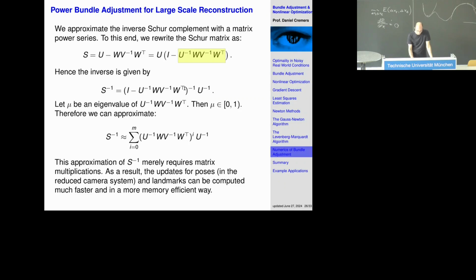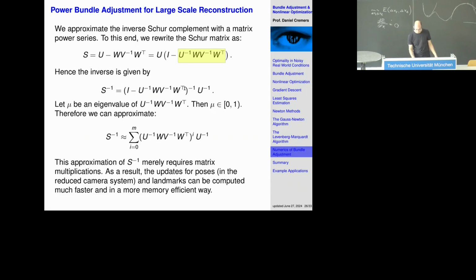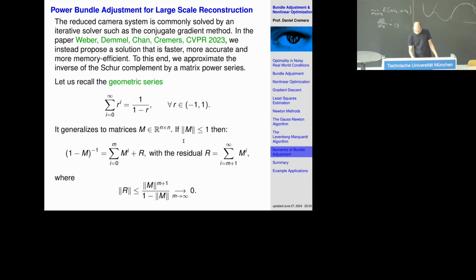And what we can do is apply this result from the geometric series for matrices, in order to approximate this thing here with a power series. And this is what we do here. So if we go back here, we have the matrix M to the power of i, summed from 0 to m.